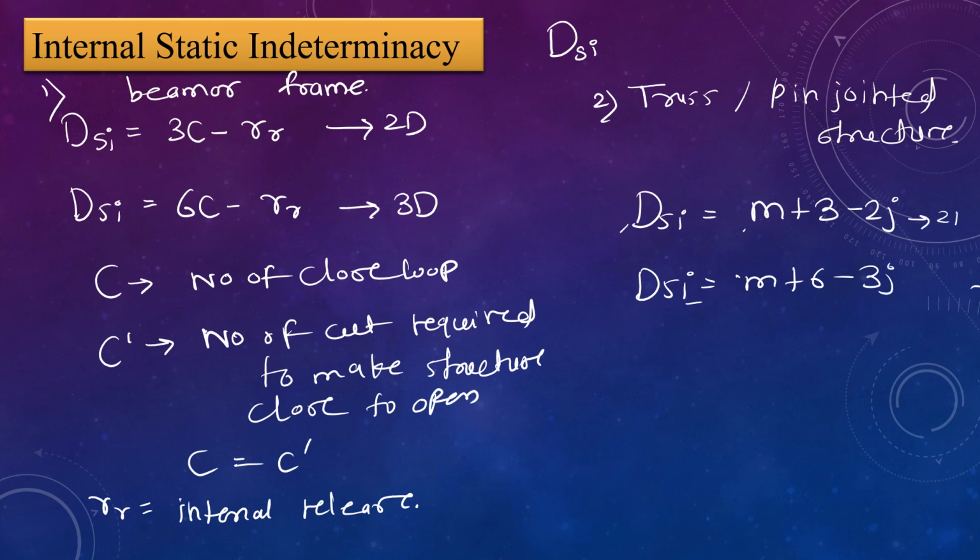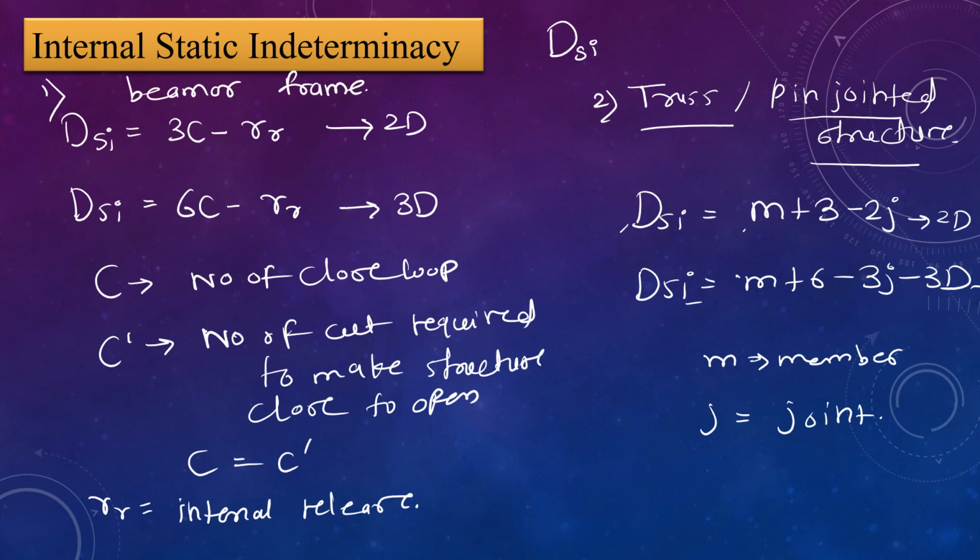This is for 2D and this is for 3D. M is the number of members, J is the number of joints, and both formulas are for 2D and 3D structures. These formulas are for truss and pin jointed structures, and the earlier ones are for beam and frame structures.